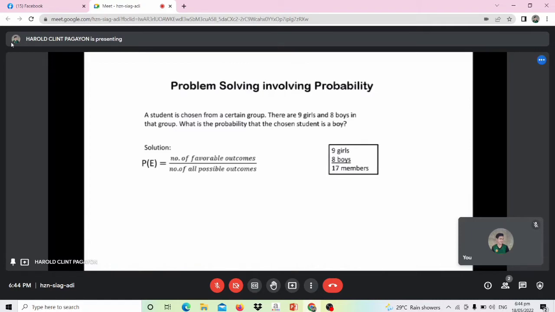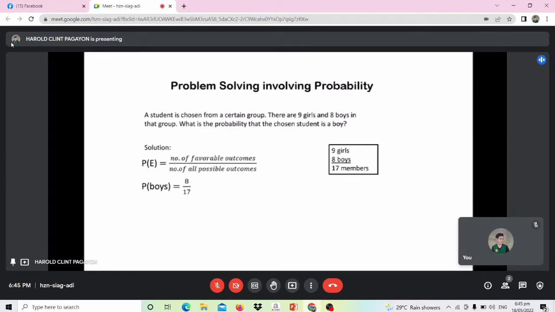In our problem, we have 9 girls and 8 boys, a total of 17 members of a group. So we substitute these values into our formula. We'll have P of boys. Since boys is what we are looking for, the probability of the boys equals 8 over 17.